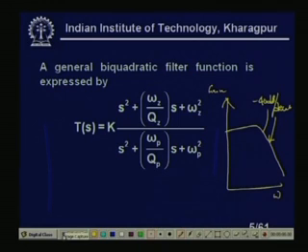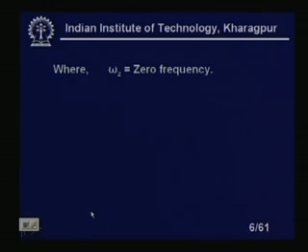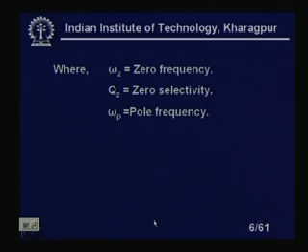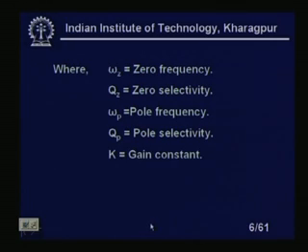Now, the legends in these expressions: ωz is the zero frequency, Qz is the zero selectivity, ωp is the pole frequency, Qp is the pole selectivity, and capital K is the gain constant of the circuit. These are the filter parameters. Suppose you have a resistance; if you say just the resistance value, it does not have any meaning.